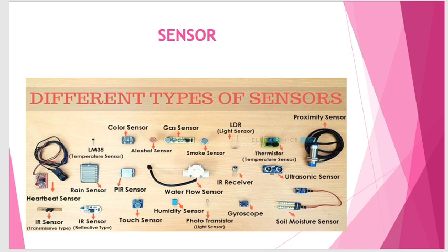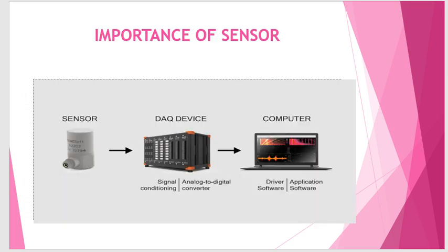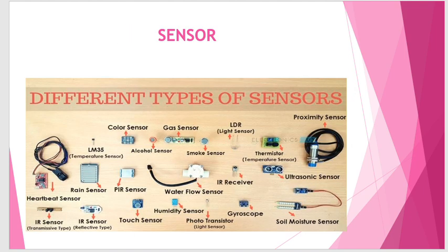We have the IR sensor. There are two types of IR sensor: transmissive type as well as reflective type.